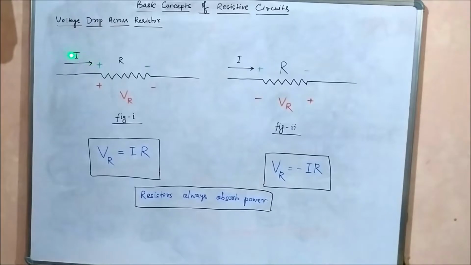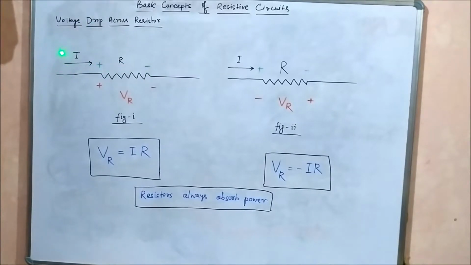Whenever current flows through a resistor, it will always flow from positive to negative terminal internally. What it represents is that this resistor is absorbing power from an external voltage source.